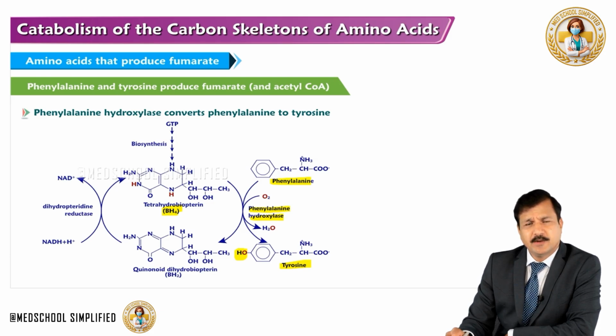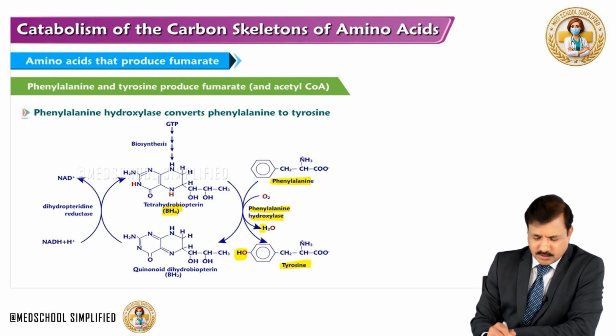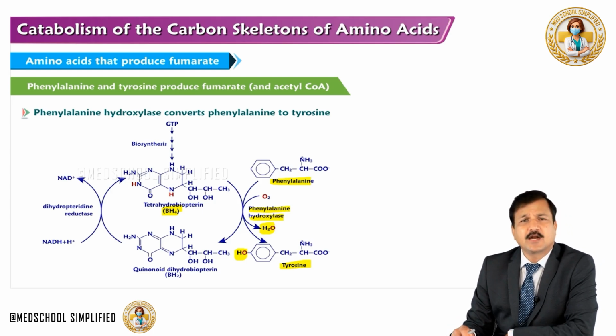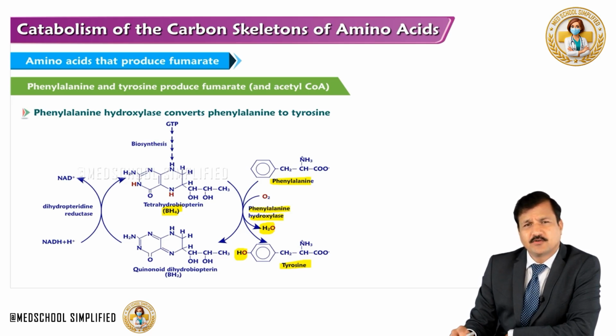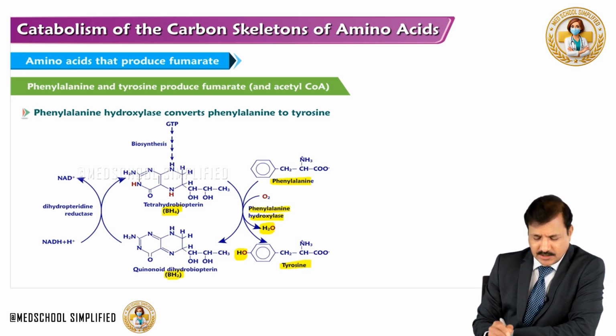This tetrahydrobiopterin gives 2 protons to the reaction, where an atom of oxygen is incorporated into the benzene ring to introduce the hydroxyl group to tyrosine, and another atom of oxygen is combined with 2 protons coming from tetrahydrobiopterin to be released as a water molecule. That's how H2O goes out of the reaction. The H2 there actually came from BH4. That's why BH4 is converted to BH2 in the reaction.